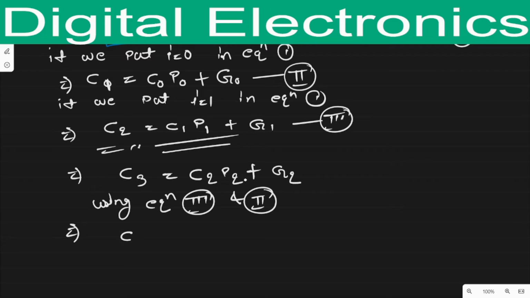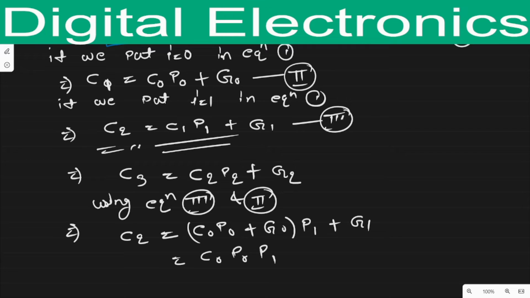We can write C2 equals (C0 P0 plus G0) into P1 plus G1. So after multiplication we will get C0 P0 P1 plus G0 P1 plus G1.